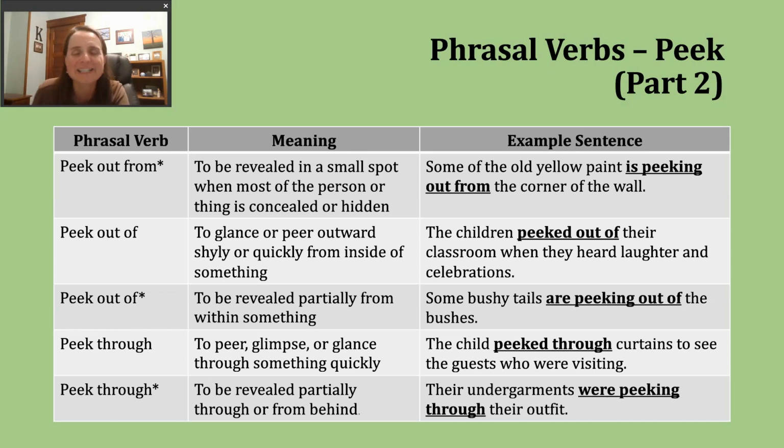The last way to use peek through means to be revealed partially through or from behind something. An example of that: their undergarments were peeking through their outfit. Right? So again, the idea is like they could be seen, they were visible.